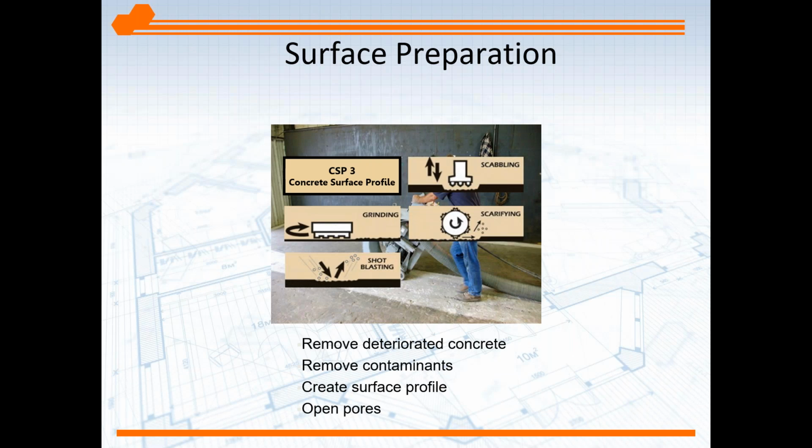Scabbling and scarifying are probably much too aggressive for our purposes today. Grinding and shot blasting is what's typically done. And shot blasting may be most effective because grinding, if it's not done correctly or it's not very thorough, you're just removing high points. You may not be removing contamination within the pores of the concrete.